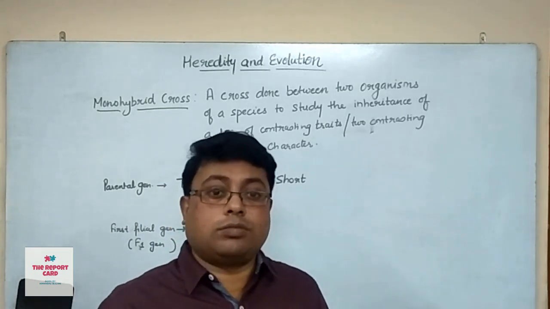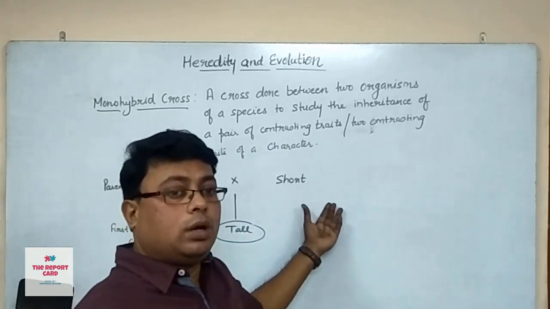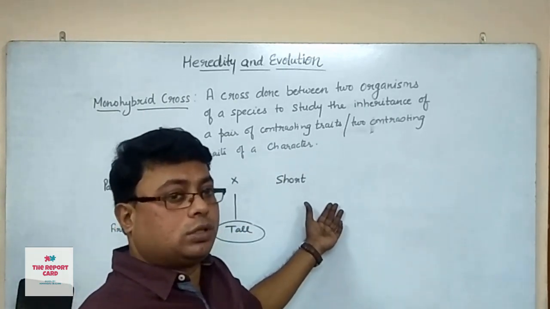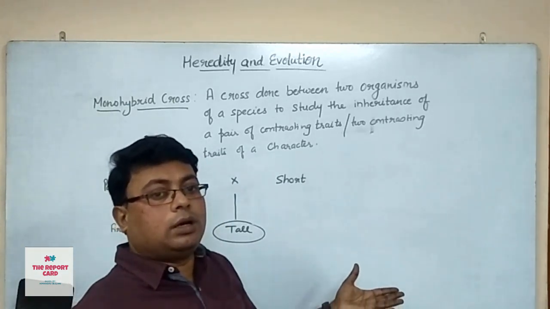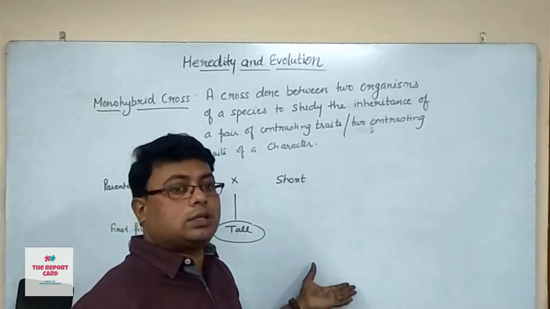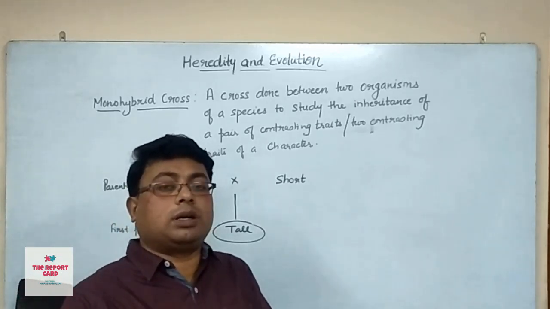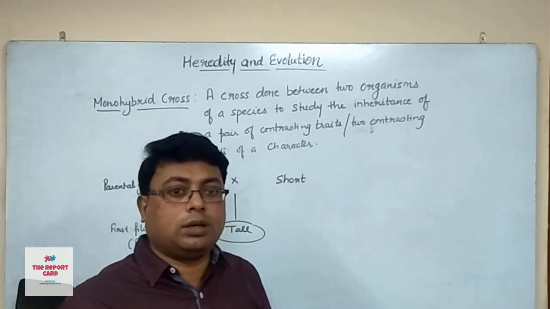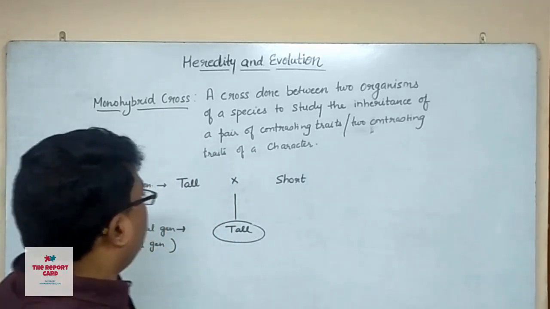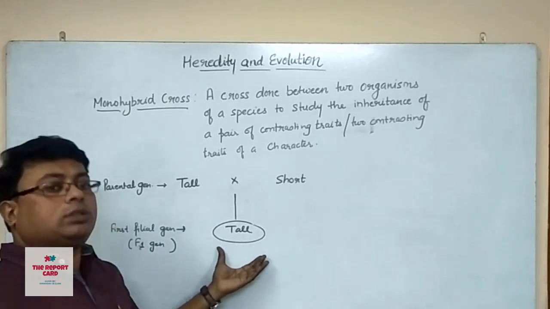Now definitely this was very surprising for Mendel, because there were short plants also which he used in this experiment, but nowhere could he find the trait of shortness in the first generation. And he was wondering where this particular trait went, or what happened to it. Well, now he continued this experiment.